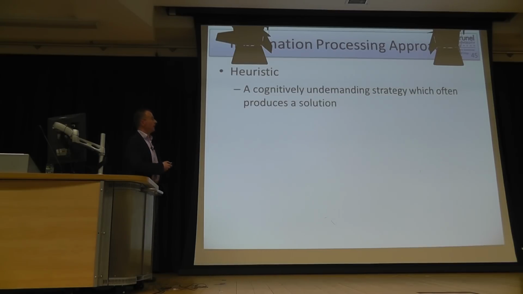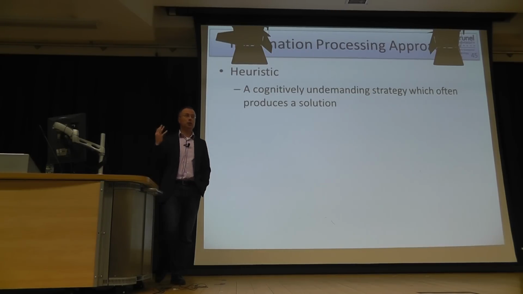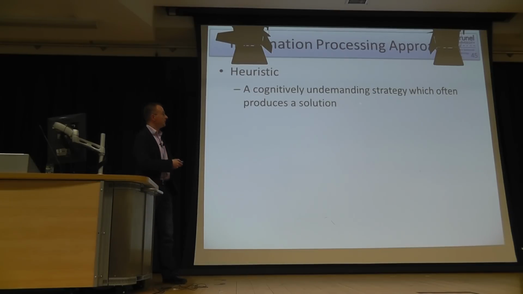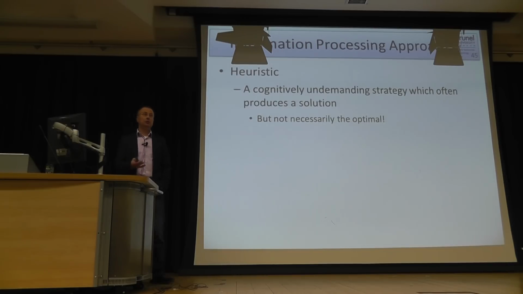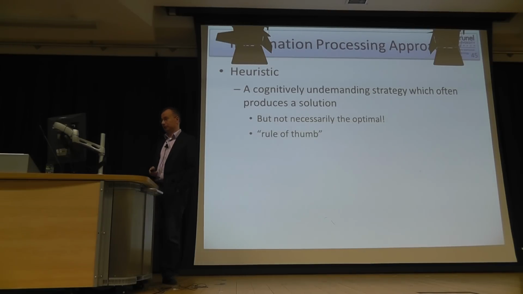It is basically a strategy which people apply, which is not very demanding cognitively, which we can cope with given our limited working memory, and which still often produces a solution to a problem. It's not necessarily the optimal solution, but often we don't need the optimal solution. Often it is fine that we have a solution at all. You may also say a heuristic is a rule of thumb.